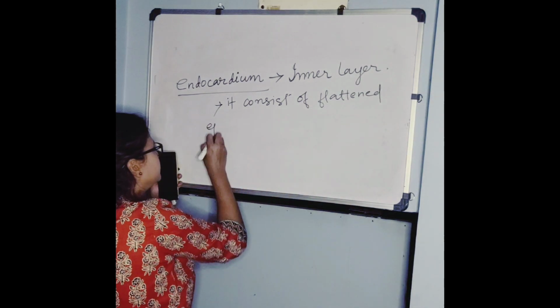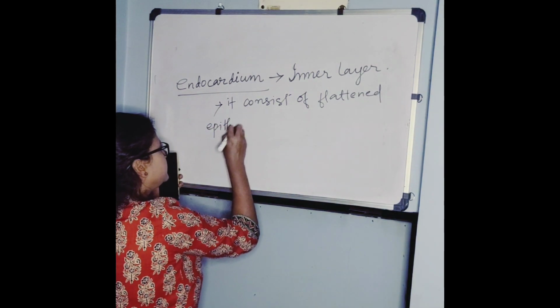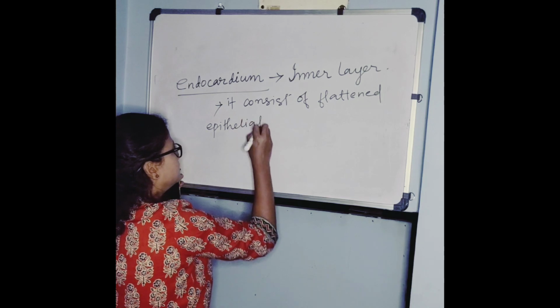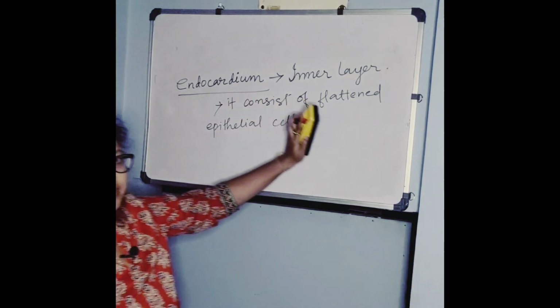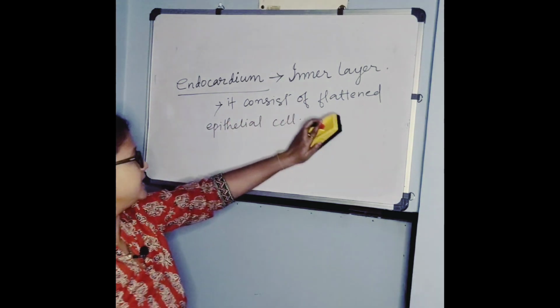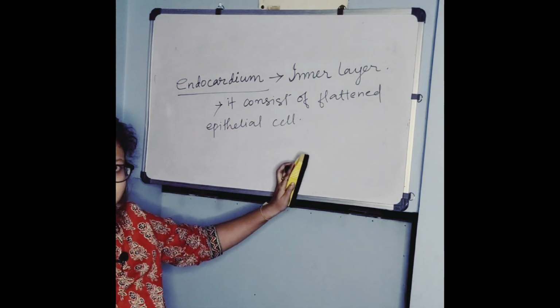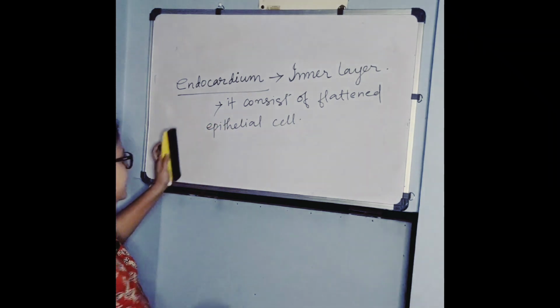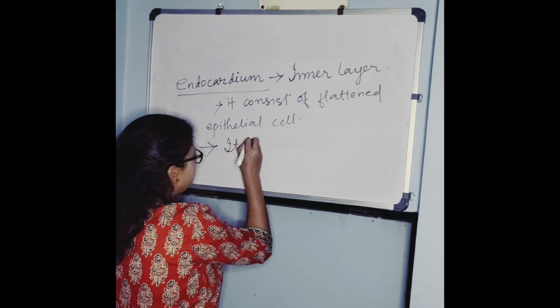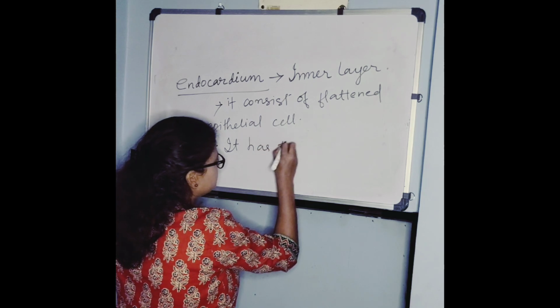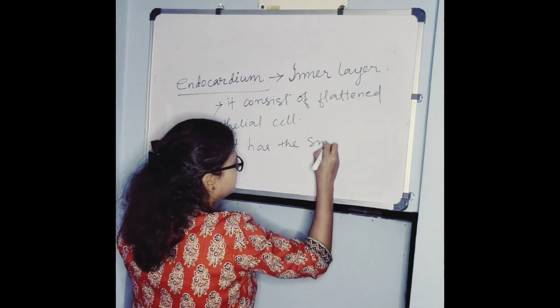Okay, endocardium is the inner layer. It consists of flattened epithelial cell. Okay, and it has the smooth membrane.